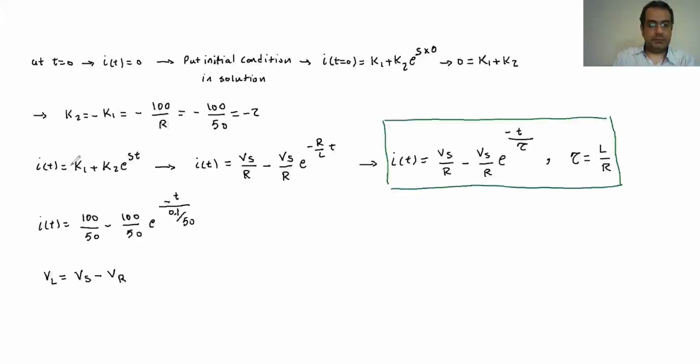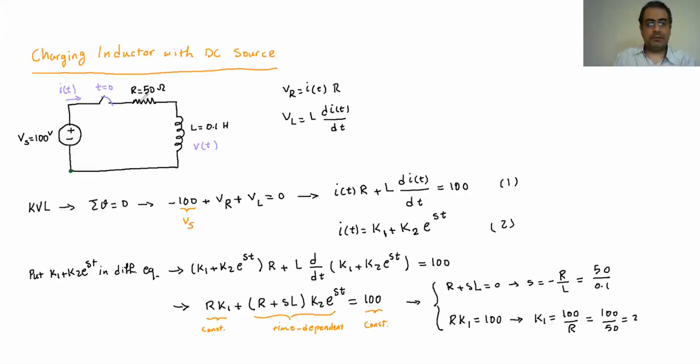So whatever voltage the source provided is separated between the voltage in the R and the voltage in the L. So in other words, if I arrange this equation, the VS is equal to VR plus VL if I take it to the other side. So this is what I'm going to get here, the VL.